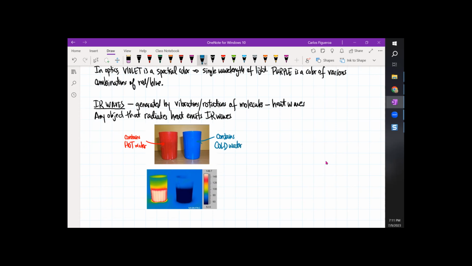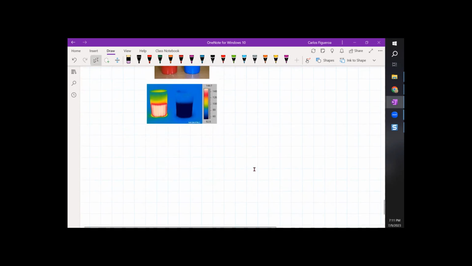And down below is an image that shows the emission of infrared. You can clearly see the glow on the one to the left, but in the darker, colder water, you can see that it's emitting a different amount of infrared radiation. We only have two more, but these are quite interesting as well. I'm trying to limit here.